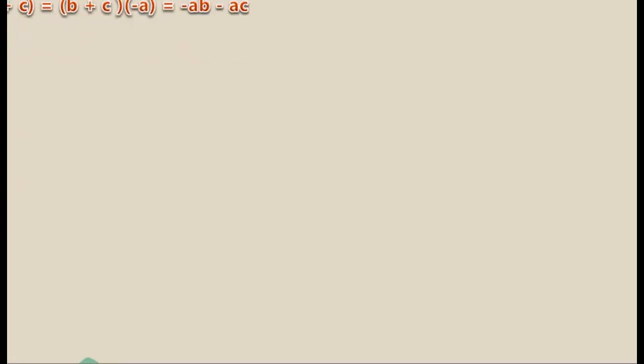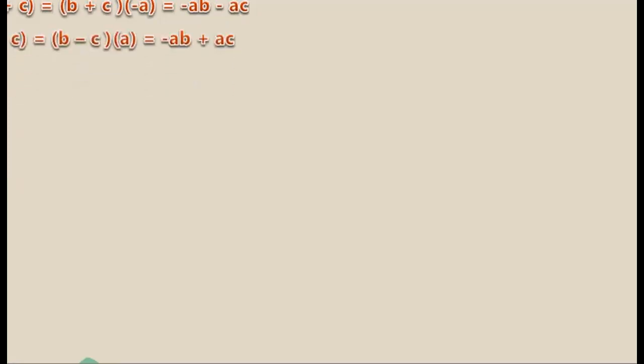Minus a in parentheses b plus c together with b plus c in parentheses times in parentheses minus a, together with minus a times b minus a times c.